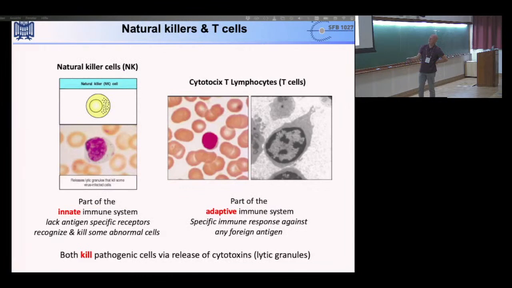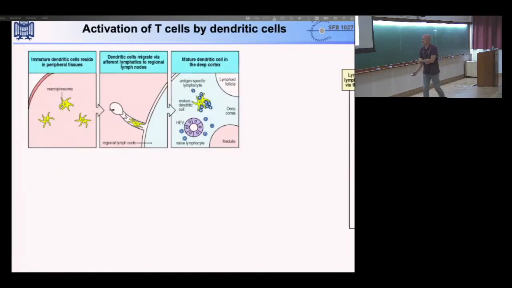NK cells are part of the innate immune system, and they recognize and kill some abnormal cells which are known. Whereas the T cell is the very flexible killer, part of the adaptive immune system against foreign antigens. Okay.